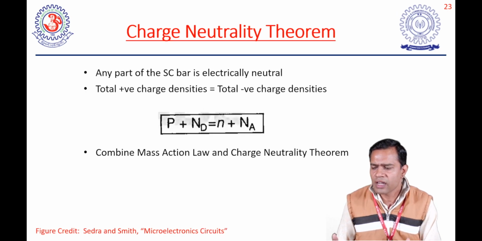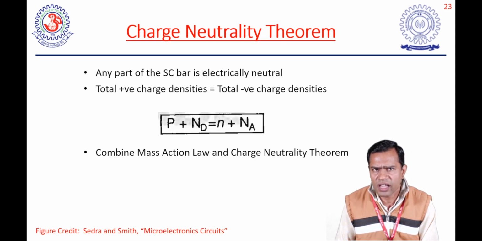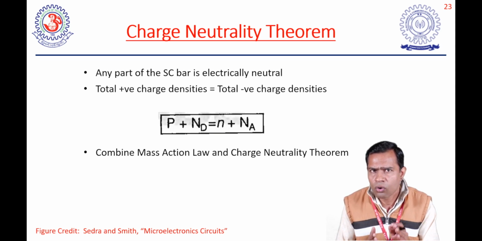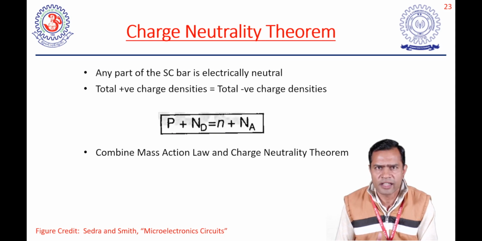This is the charge neutrality theorem. Here we can say the number of holes plus donor atoms is equal to the number of electrons plus acceptor atoms.